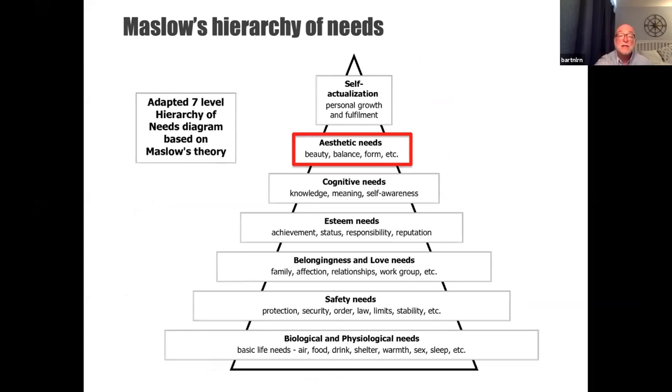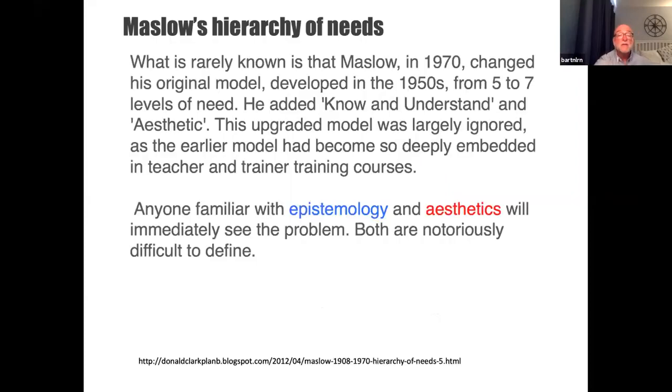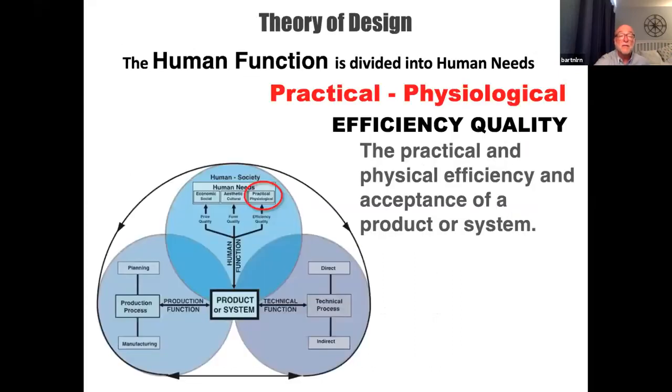So there's an aesthetic need. And then he also talked about the cognitive needs, where we want to have knowledge, meaning, and self-awareness. Those are the two that have been added. I'm going to skip over this slide, but in 1970 he changed it from five to seven, to know and understand, and the aesthetic.